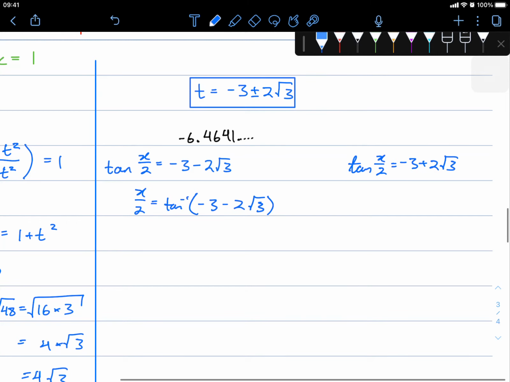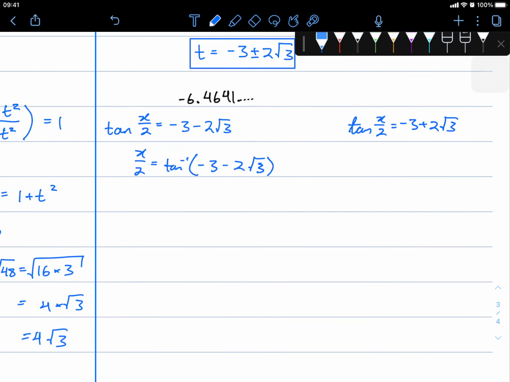So we're looking for an angle that needs to be in the second or fourth quadrant for whatever answer we get here. So shift tan or inverse tan of this answer gets us negative 81 degrees and 12 minutes. I'm just rounding it to the nearest minute.